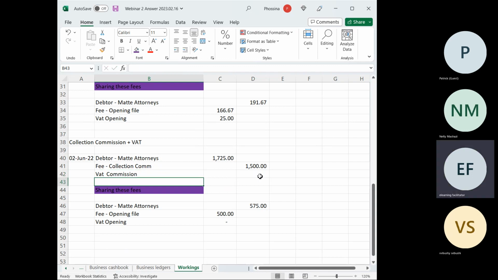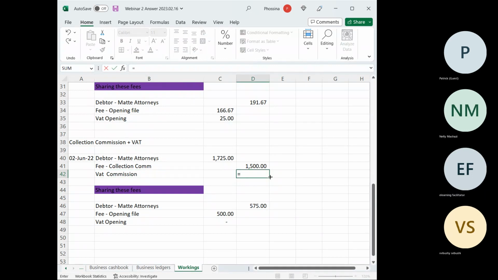The VAT is 15% of the fees, so which is equal to 15,000 multiplied by 10%, of the fees, that's the fees multiplied by 15%.